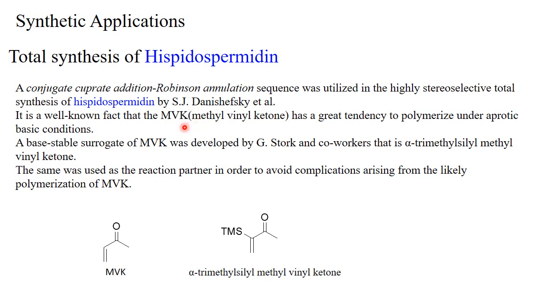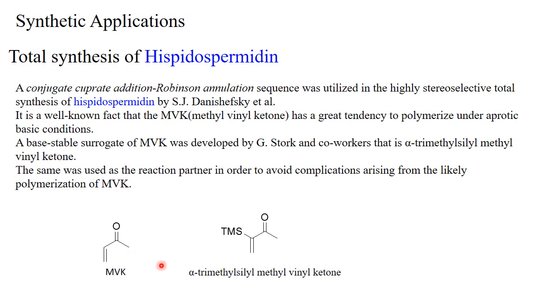One of the reactants which is required to prepare the intermediate for the histidospermidine is methyl vinyl ketone, MVK. It is a well-known compound, and it has a tendency to polymerize under aprotic basic conditions.